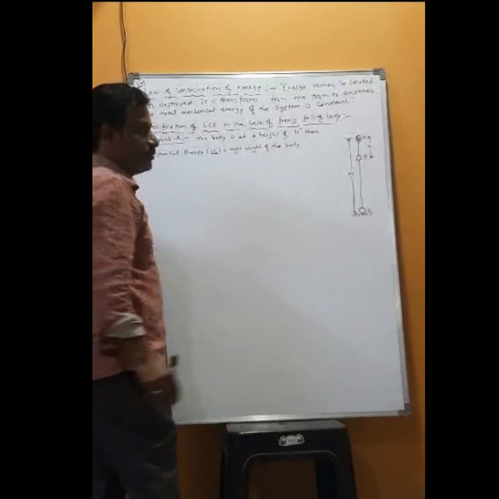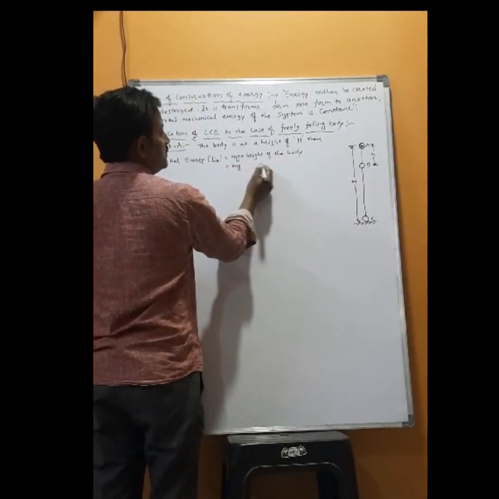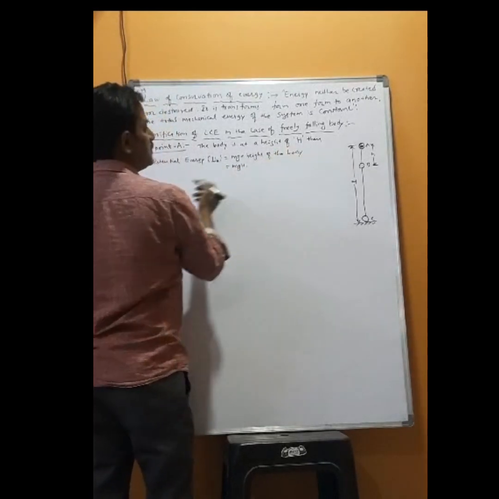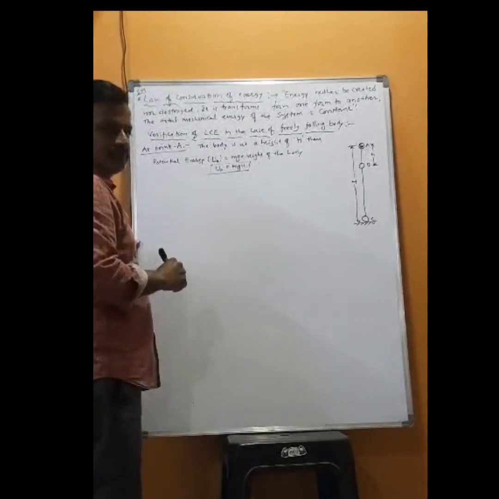We are considering the height is equal to H. So U at A is equal to mgH.